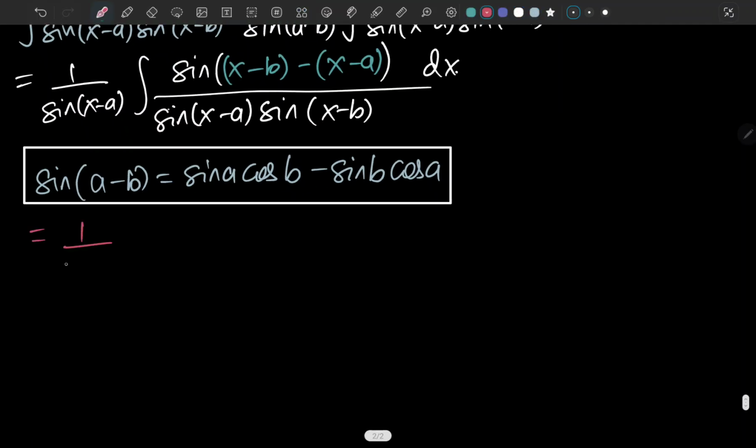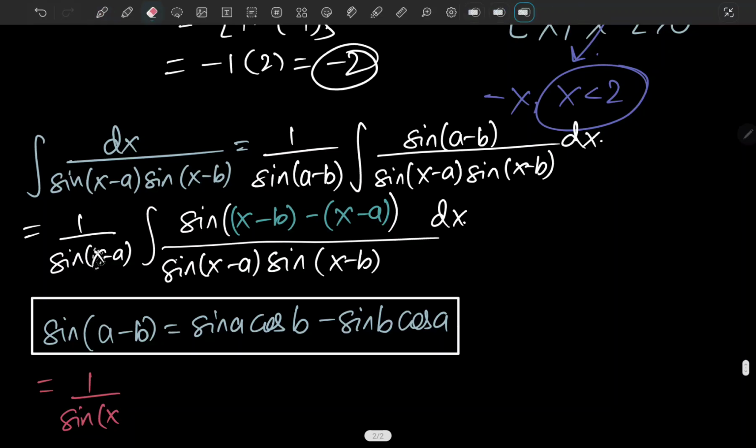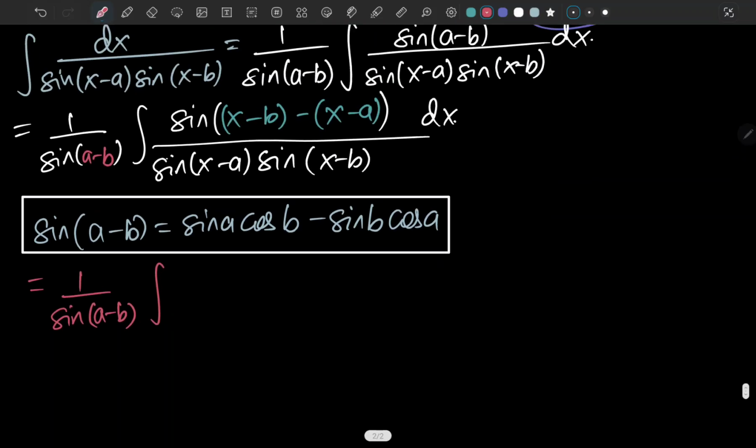So this becomes our integral. Oh well, I made a mistake. I should have written over here a minus b, I think. Sorry guys, a minus b, and our integral is 1 over sine of a minus b times the integral.